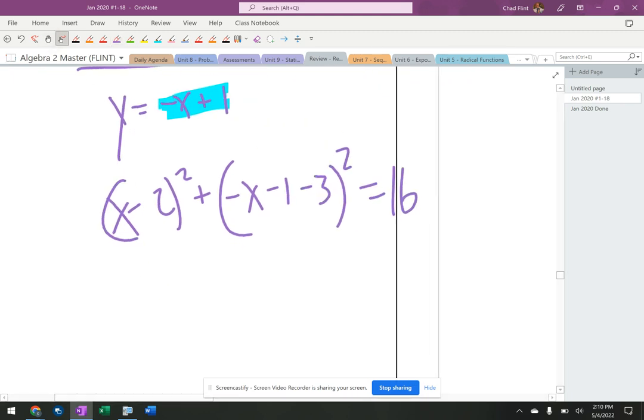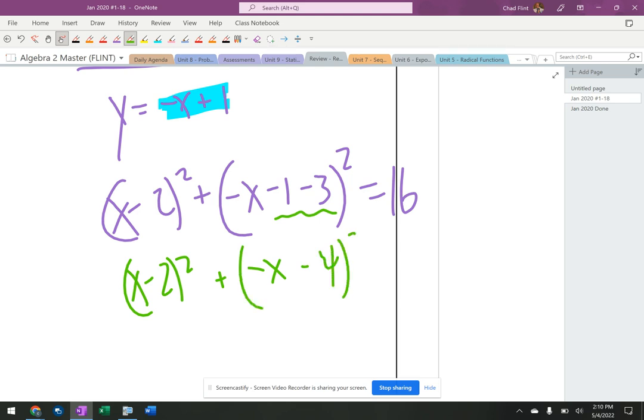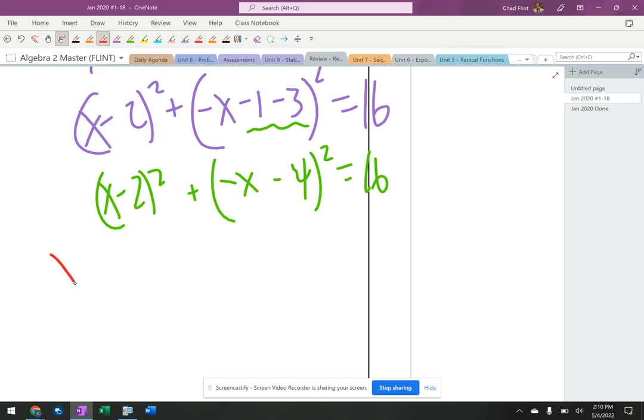Now I just have a whole bunch of algebra to do. So x minus 2 squared plus negative x, those two give me negative 4 squared equals 16. Then I have to do some double distributions.